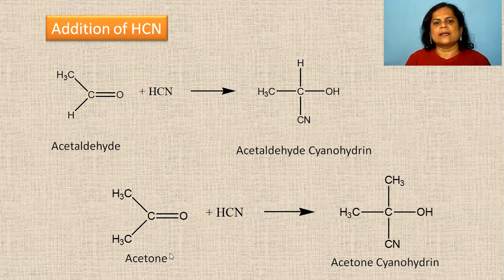With acetaldehyde, acetone also shows the reaction. Acetone or aromatic aldehydes and ketones also react with HCN and form the respective cyanohydrins. Acetone with hydrogen cyanide gives acetone cyanohydrin. A similar type of reaction takes place: CN forms the bond with the carbonyl carbon of acetone and H plus forms a bond with the carbonyl oxygen.